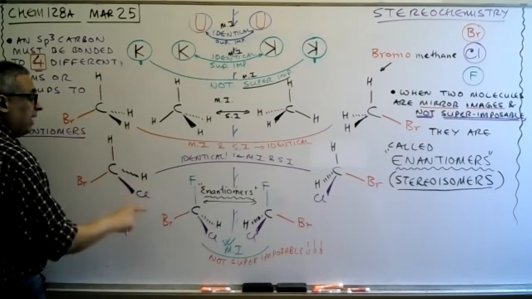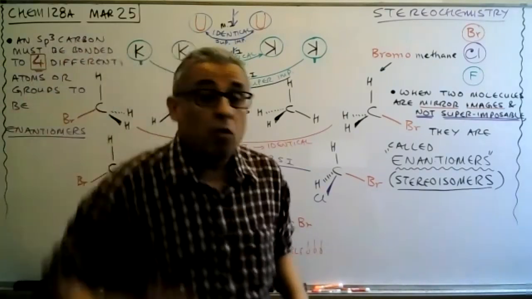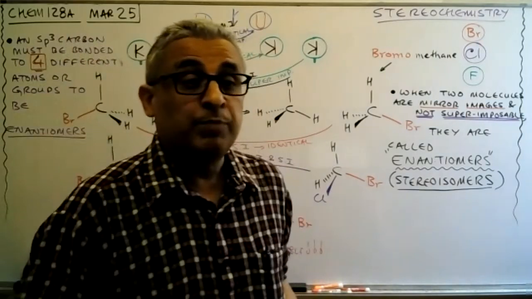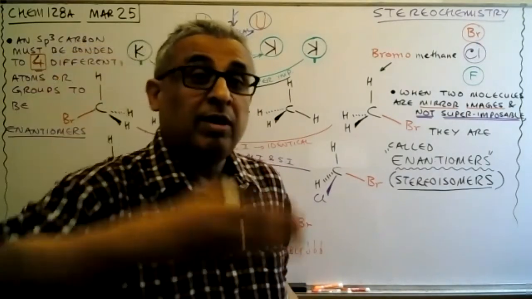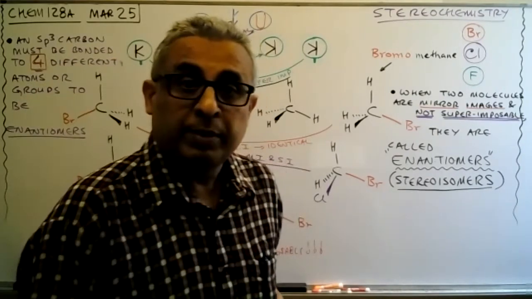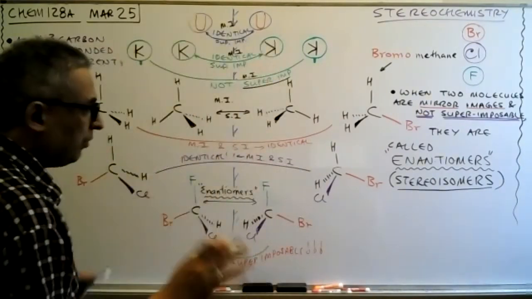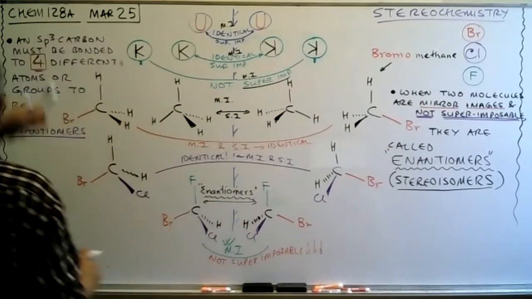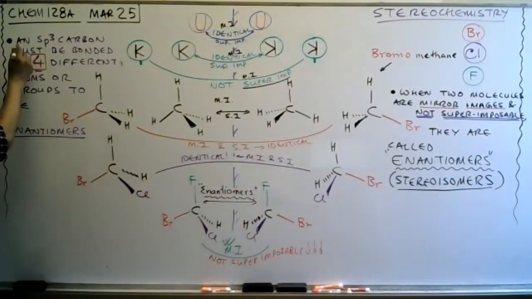It has to be attached to 4 completely different groups, but it could be hydrogen, methyl, propyl, and ethyl. That counts. We will do some experiments, hopefully today. This is also important. It has to be an sp3 carbon, a tetrahedral carbon.